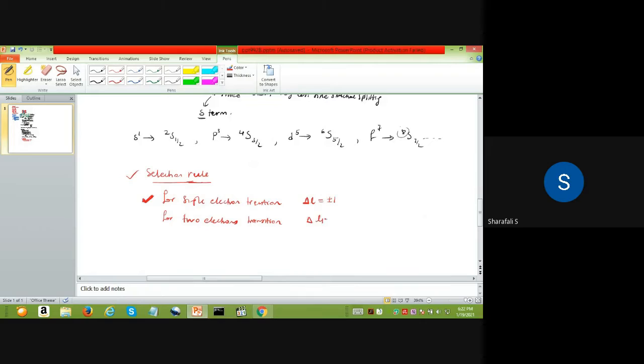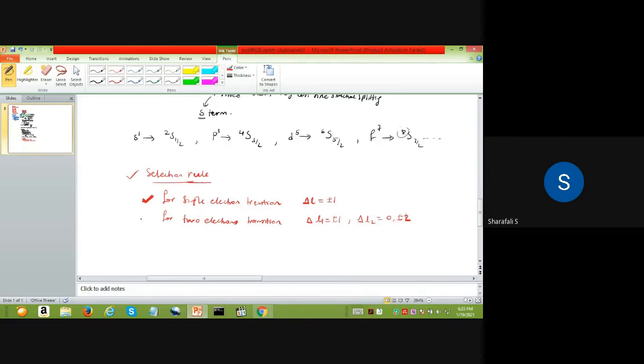The first one, delta L1, should be plus or minus 1, but the second electron, delta L2, can take values 0, plus or minus 1, or plus or minus 2.